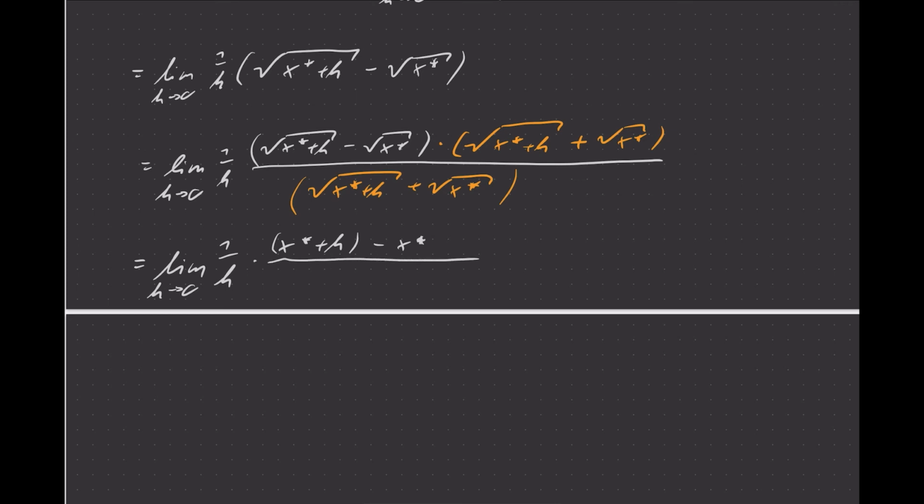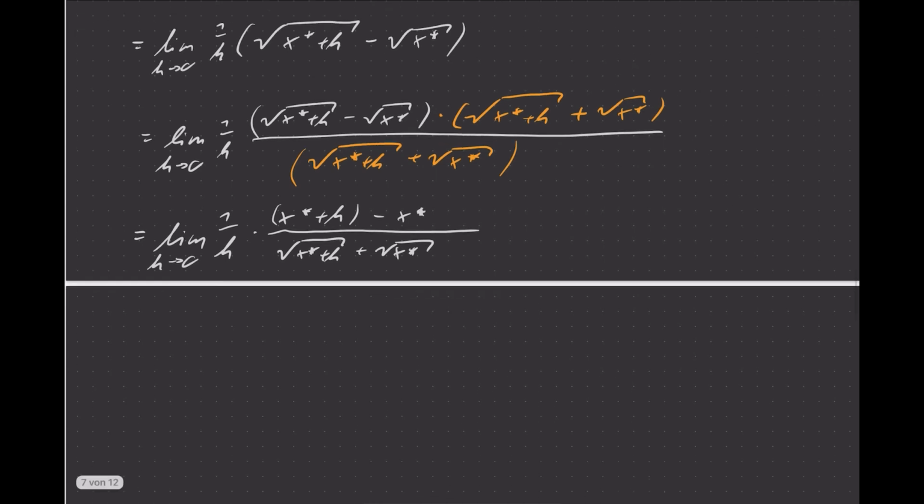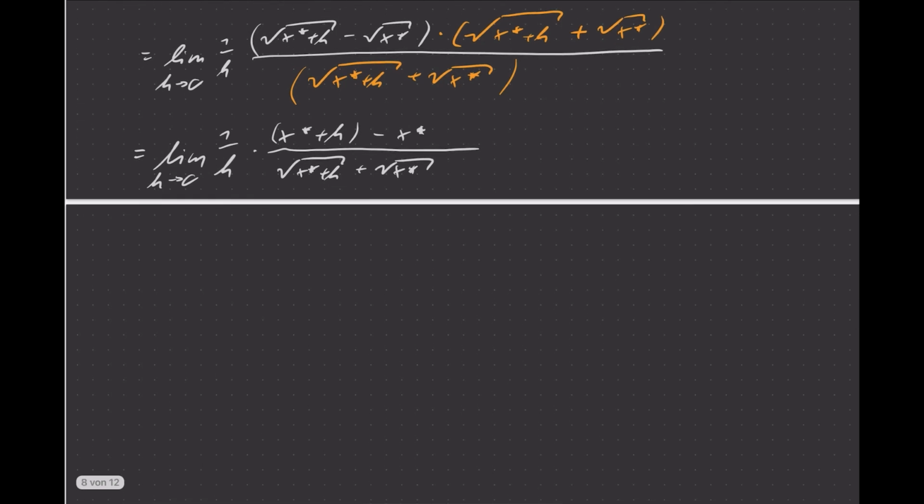And for the denominator, we just copy the old expression, and hope that it won't make us any trouble. And well, as it turns out, x star cancels out here. This whole thing reduces to h, and we also have an h here, so those cancel out. And that, of course, makes the limit much nicer.